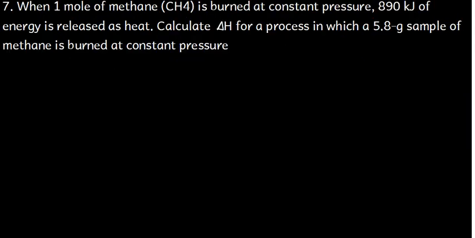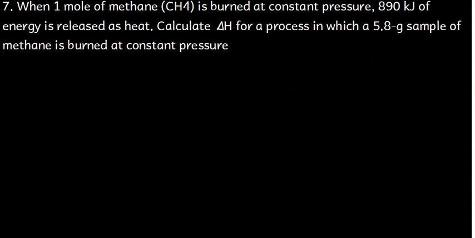All right. So we have got another problem here. When 1 mole of methane is burnt at constant pressure, 890 kilojoules of energy is released as heat. We want to calculate the enthalpy change when a 5.8 gram sample of methane is burnt at constant pressure.